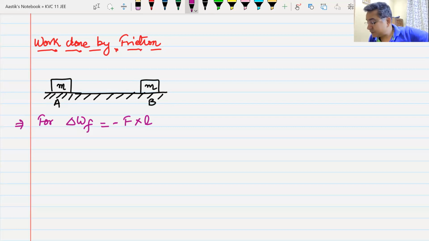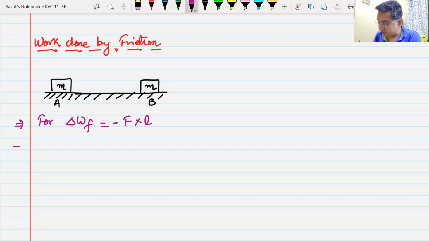So remember, for friction, do not use F dot displacement because that will not give you the correct answer. Always use force multiplied by the distance traveled, and not force multiplied by the displacement multiplied by cos of theta. Do we understand this? Because friction is a special force, it keeps on changing its direction according to the motion of the body.